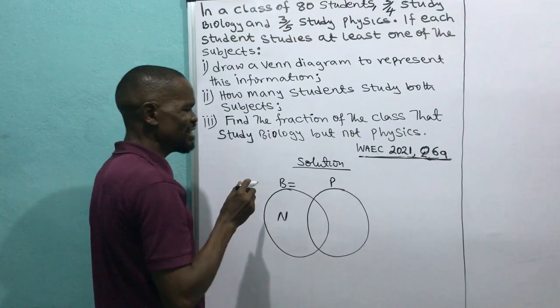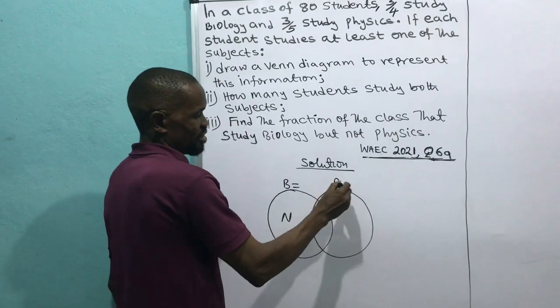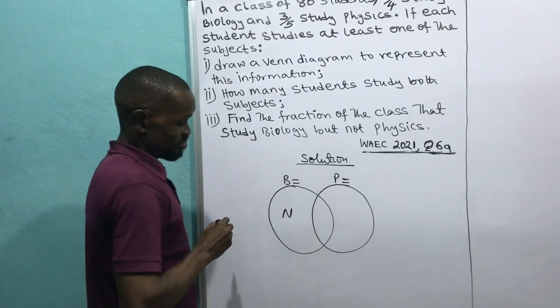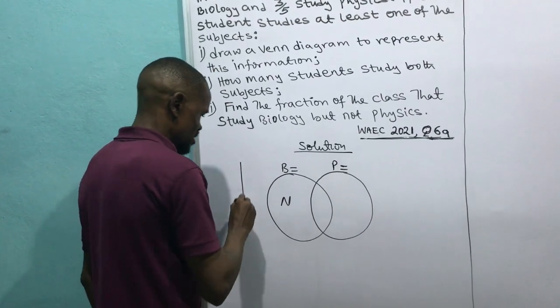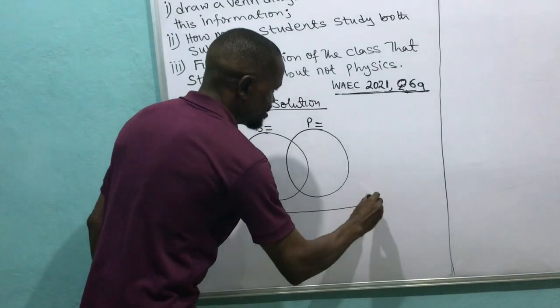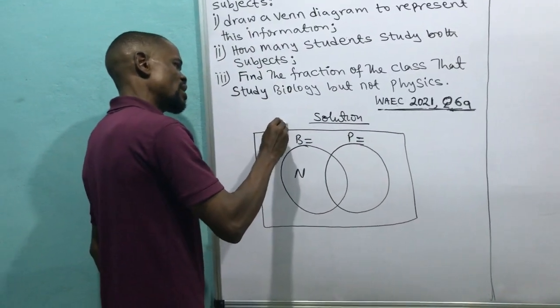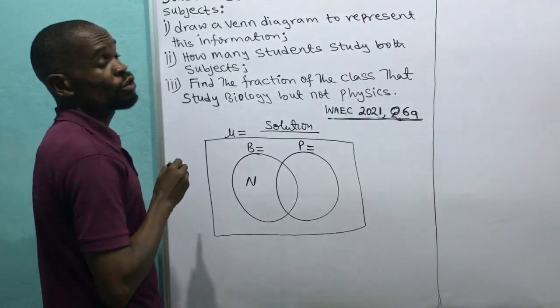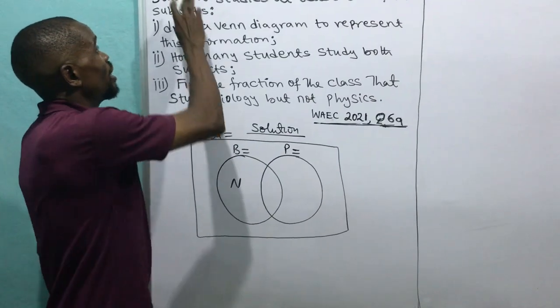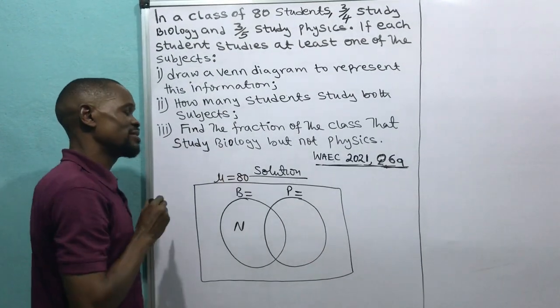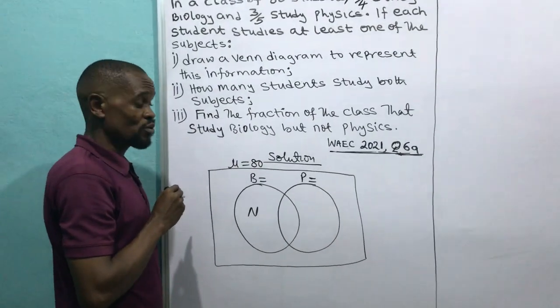This is my Venn diagram, and this is the universal set, which stands for the total number of students in the school. The total students in the school, they said, is 80.